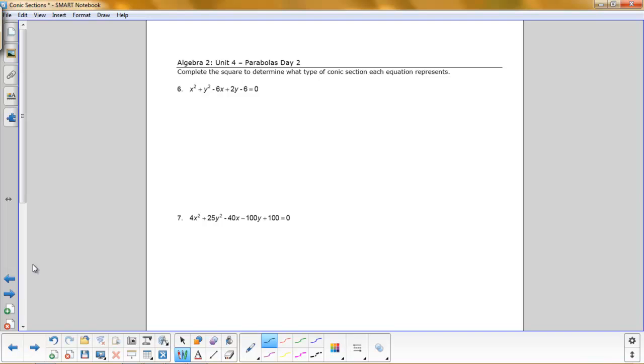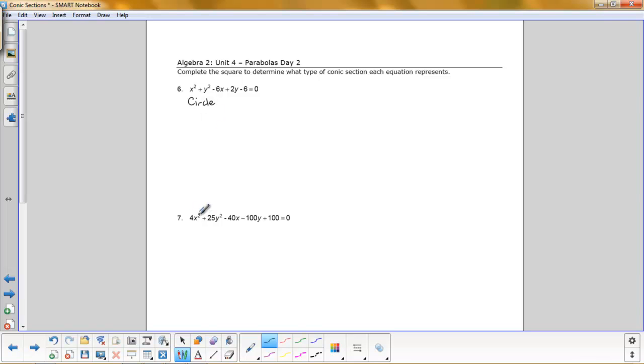Alright, question number 6. We're trying to determine what type of conic section we're dealing with here. Without doing anything, I noticed that the coefficients of these two numbers are the same. The symbol between the squared terms is a plus sign, so I recognize that automatically as a circle.